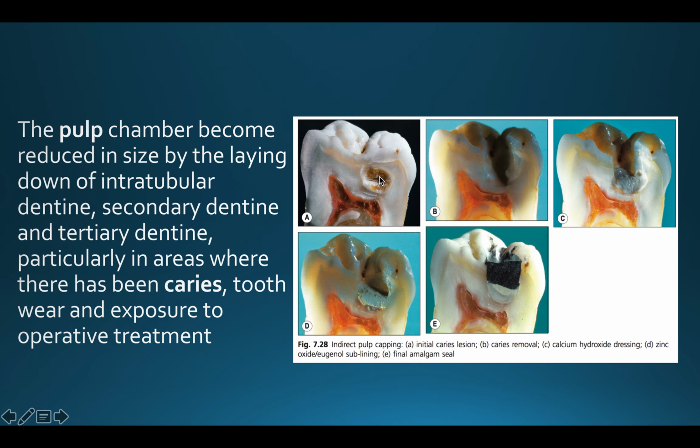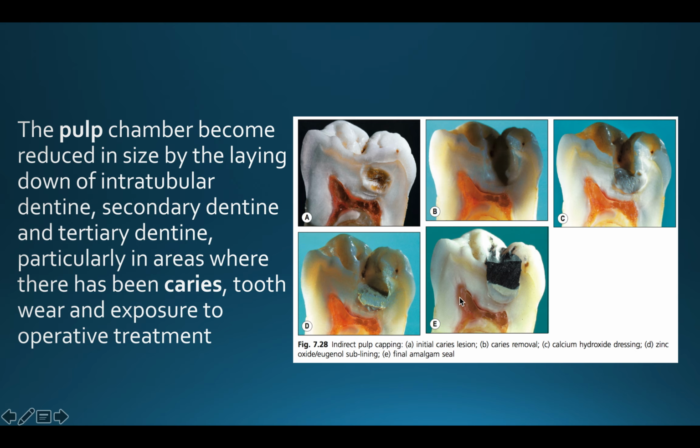As you can see, the carious lesion has resulted in deposition of tertiary dentine, and this pulp horn has become reduced in size because of deposition of tertiary dentine on the roof. And then when the dentist started drilling and put the pulp capping material and the restoration, again the pulp responded by deposition of more tertiary dentine.